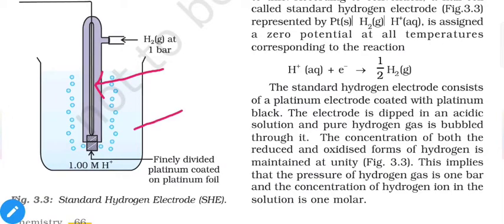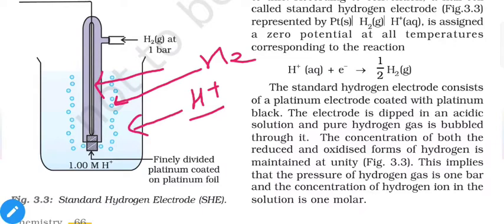Here we have an acidic solution, that means a solution of H plus. Acids release H plus, and here we have bubbles of H2. Depending on the reaction, either H2 will convert to H plus or H plus will convert to H2. It will depend on the second half cell. We will talk about it in upcoming points.